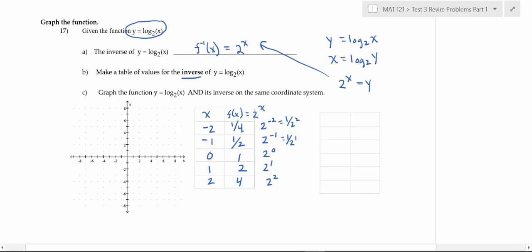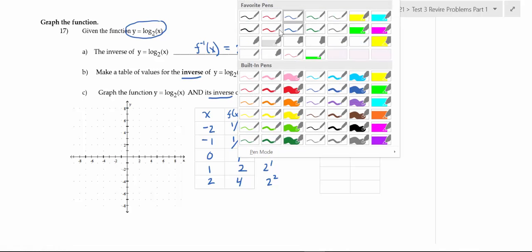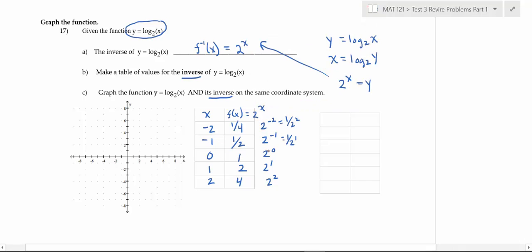Okay? So they want you to graph the inverse and the logarithm on the same coordinate system. So I'm going to plot out these points and graph the inverse. We have a point (0, 1), a point (1, 2), and a point (2, 4).